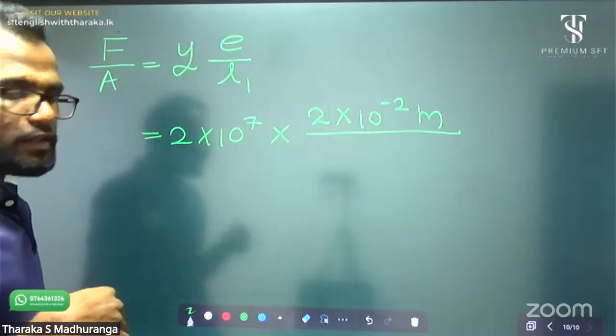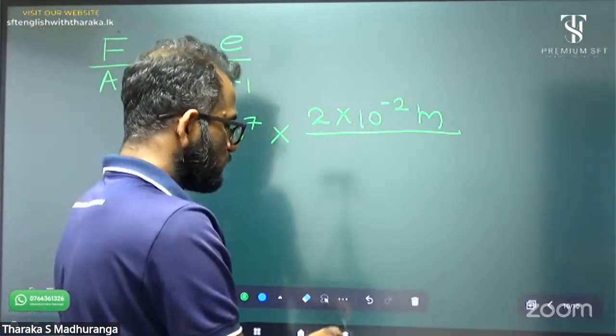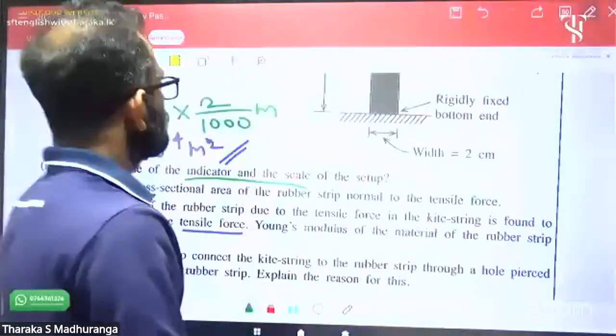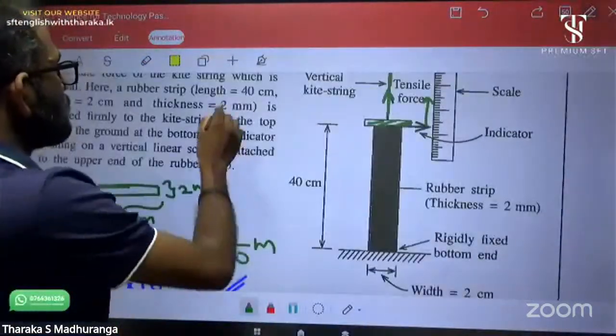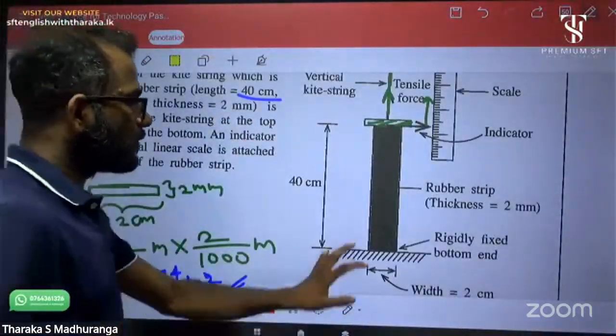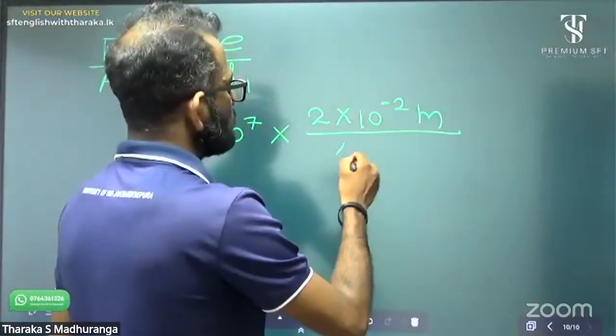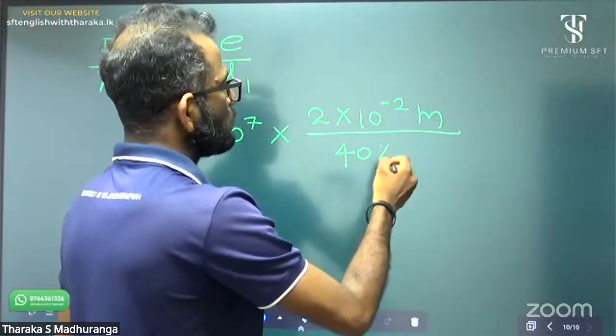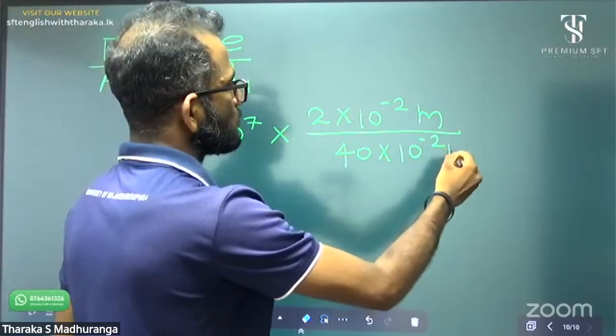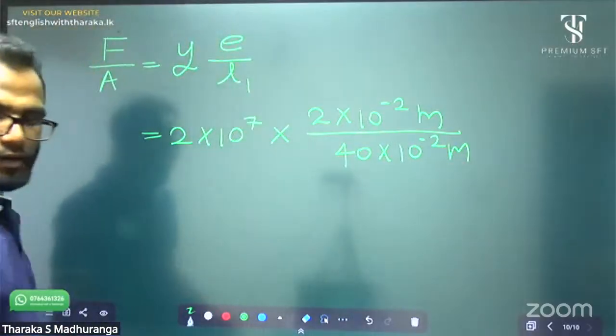Now, the initial length, the length of the string, is 40 centimeter, which is 40 into 10 to the power minus 2 meter. Right?